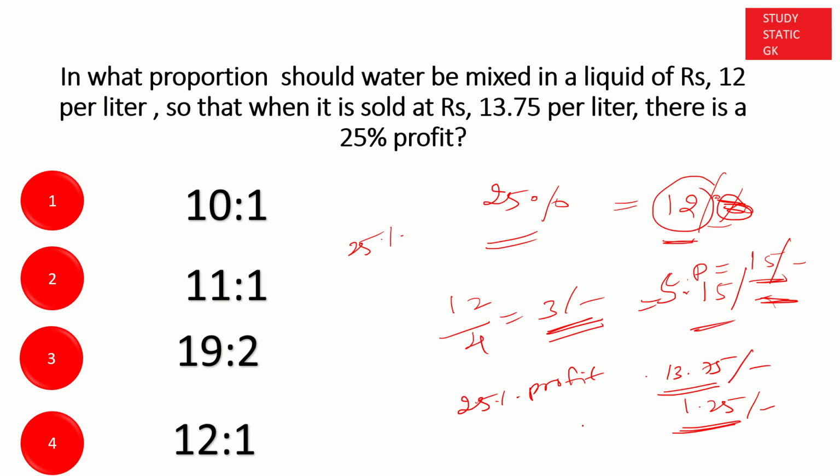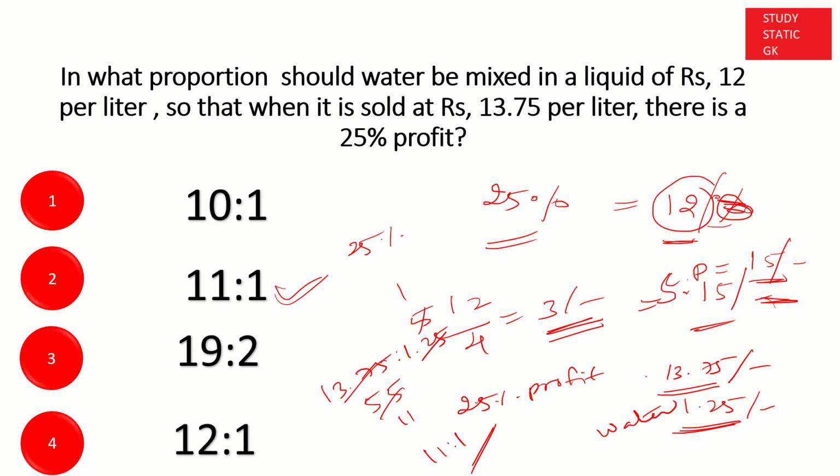This is water. And the ratios: here 13.75 is the milk and the 1.25 is this one. So 25 5s are 125, again 25 5s are 5, 1s are 5, 11s. That means 11:1 is the answer. So this is the answer.